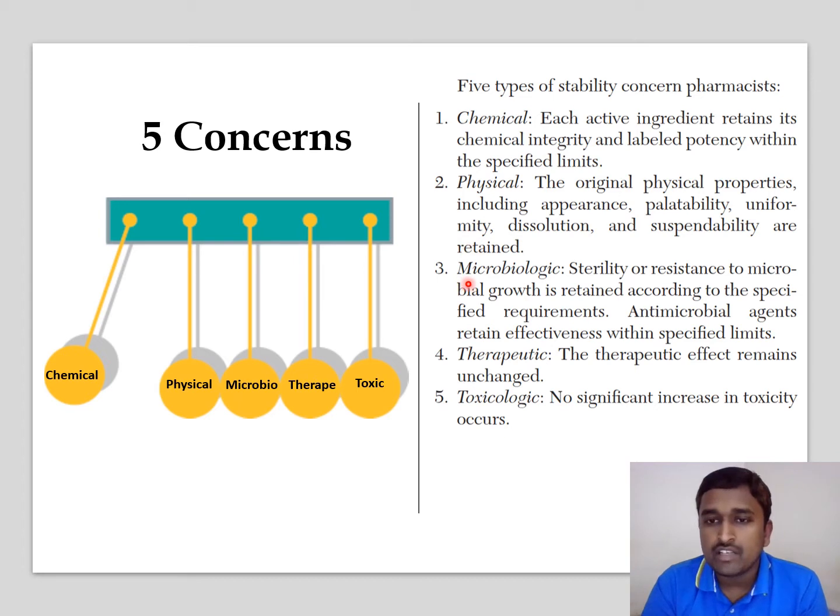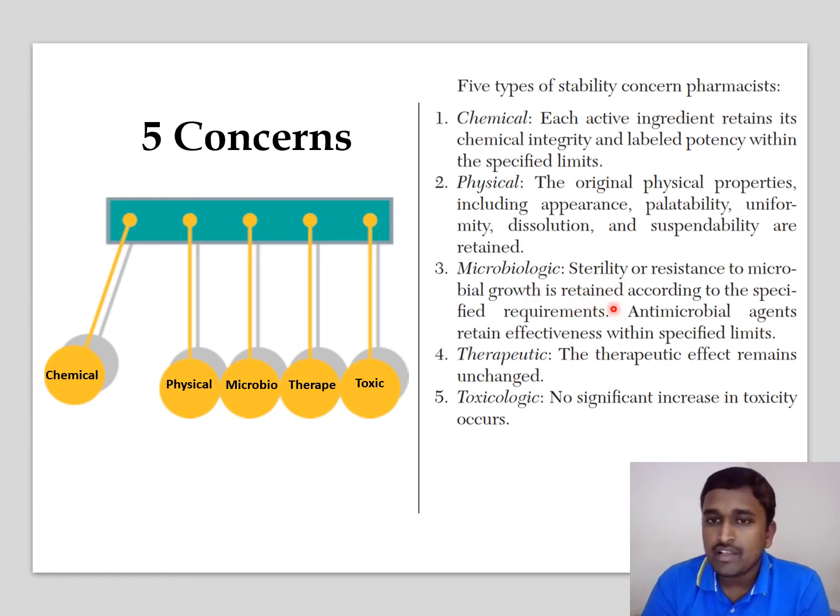Coming to the microbiological concerns, resistance to microbiological growth is retained according to the specified requirements, or antimicrobial agents retain effectiveness within the specific limits. Let us say some products are for one-time use, let us say ampoules. So whether the sterility of the ampoule was maintained before breaking the ampoule is a microbiological concern for single-use ampoules.